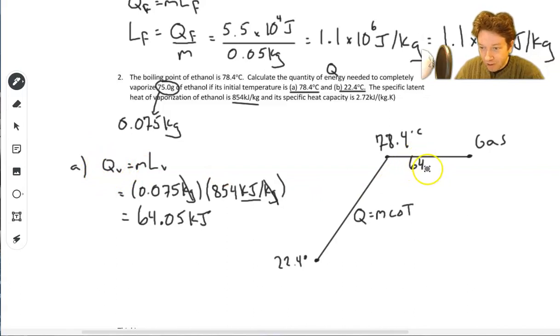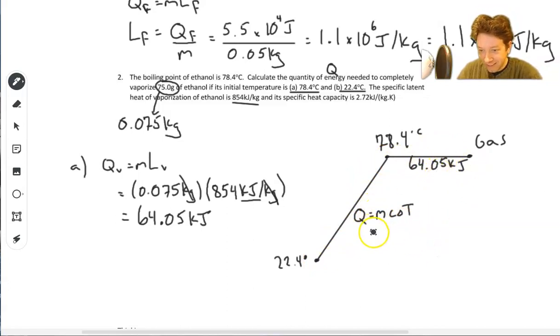It's 64.05 kilojoules. So to figure out the total energy required to completely vaporize this ethanol, if its initial temperature is 22.4, we need to find the energy required to bring it up to its boiling point, and then we can add the energy required to actually vaporize it.